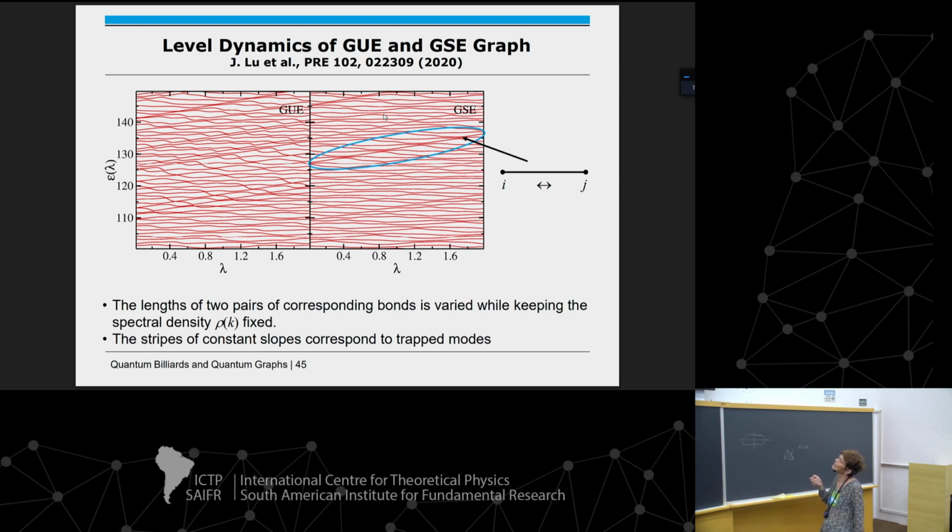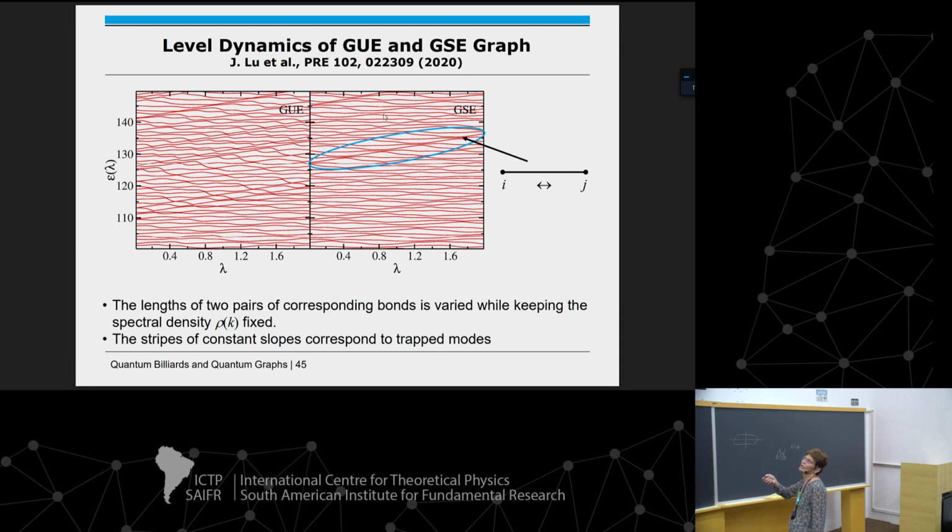So you change the length of orbits, and now this would be this parameter lambda instead of mu. And if you vary it, for each length you determine the eigenvalues. So one length would correspond to what you saw before, one spectrum for one graph, and now you change the parameter, compute again the eigenvalues, and in the end you get a so-called level dynamics.